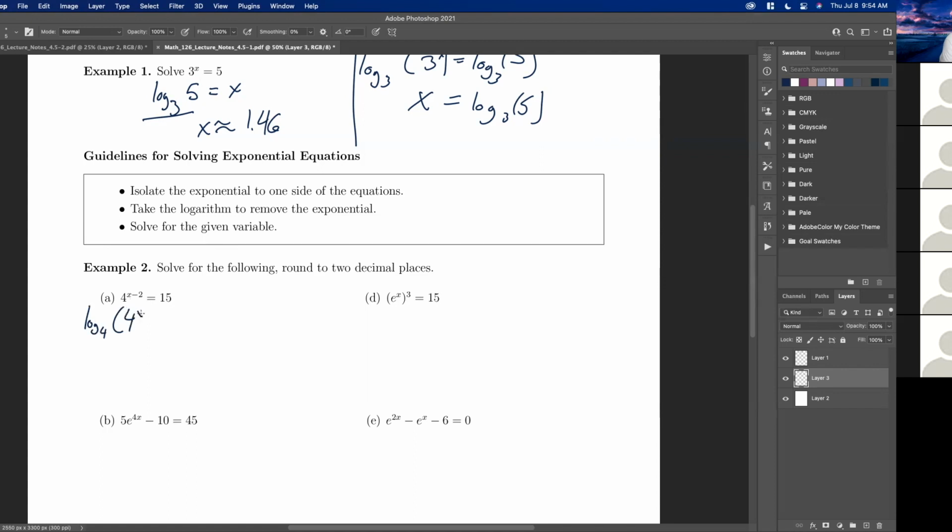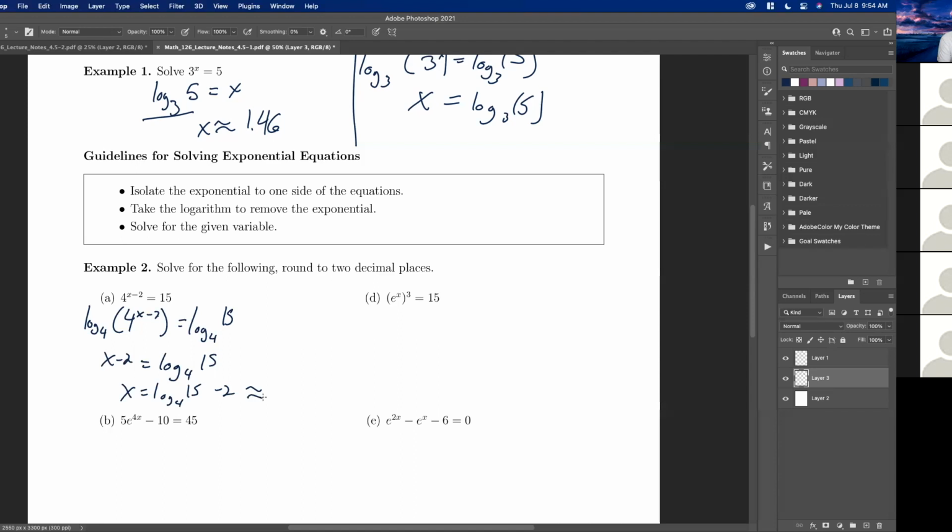So log base 4 of 4^(x-2) equals log base 4 of 15. This simplifies due to our inverse, logs and exponents being inverses of each other, to x minus 2 equals log base 4 of 15. And then we'll just take x equals log base 4 of 15 minus 2.